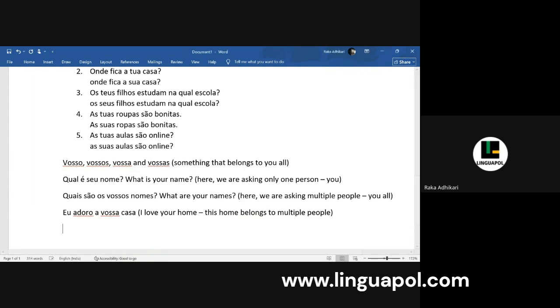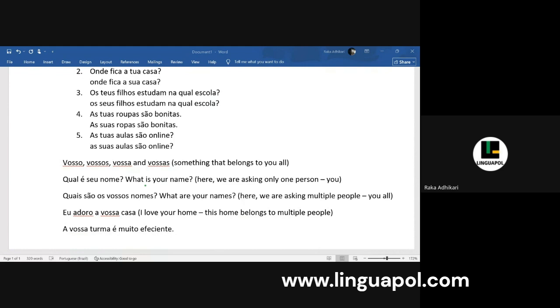More examples. A vossa turma. Turma means batch. Like you all make one batch of Portuguese language. So your batch.